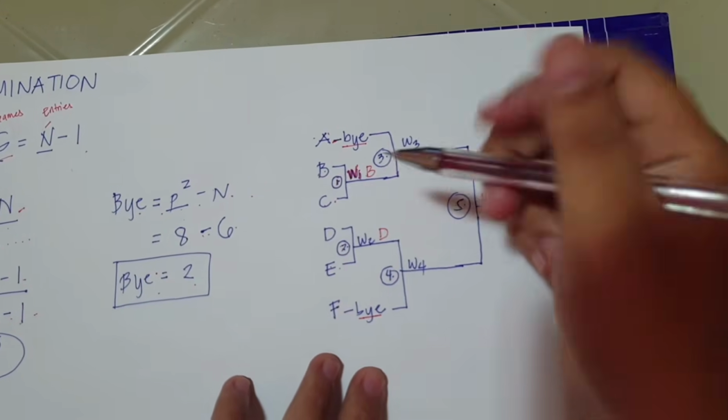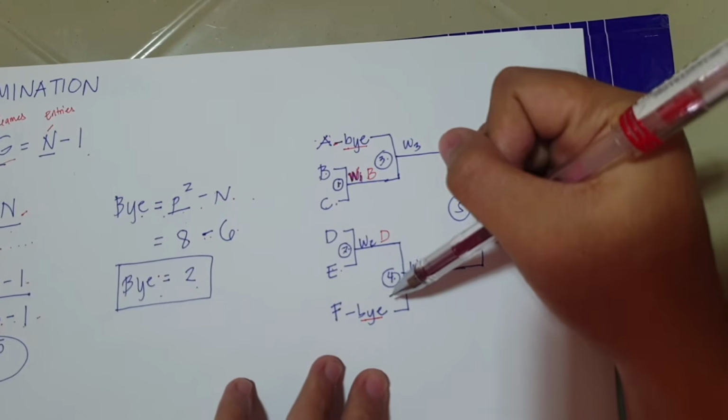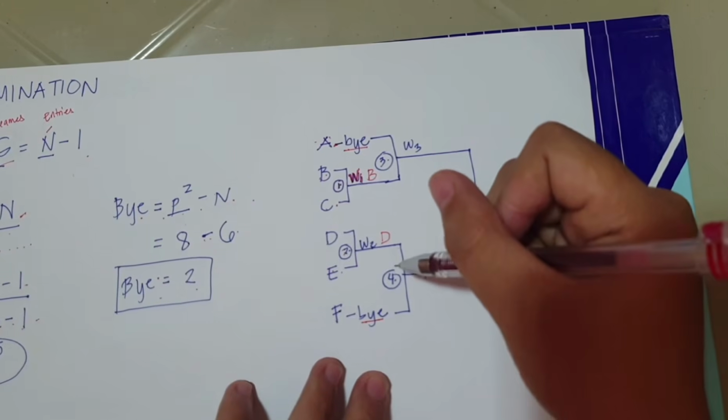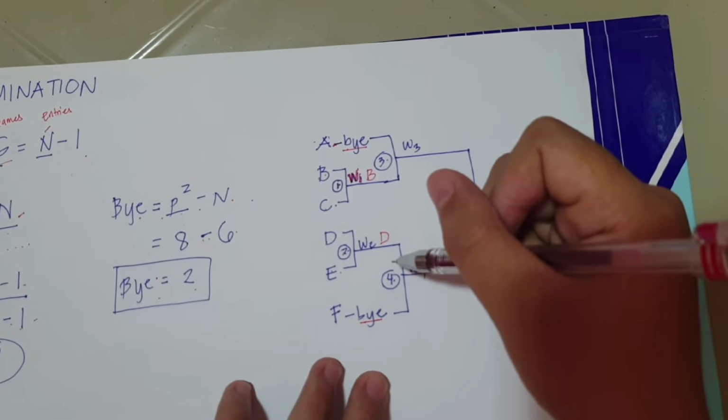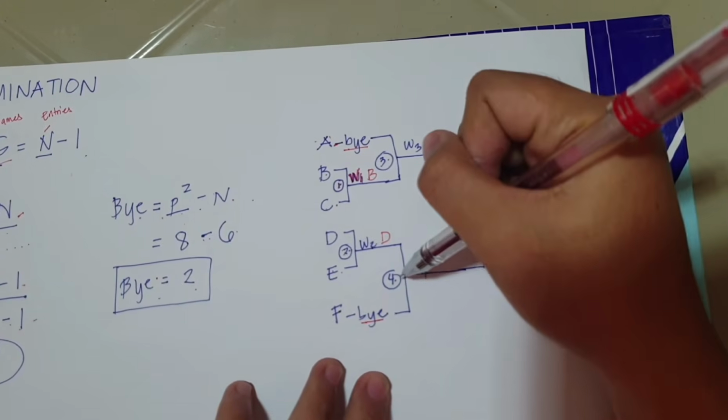Now, for the second round, since Team A and F were declared byes, we're going to assign who will be the teams to play for the third game and fourth game.